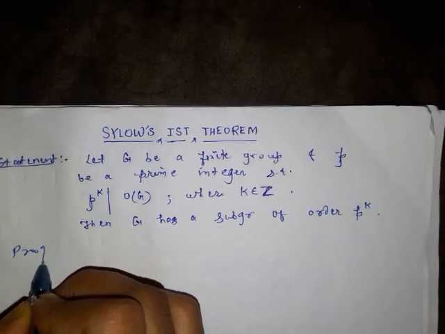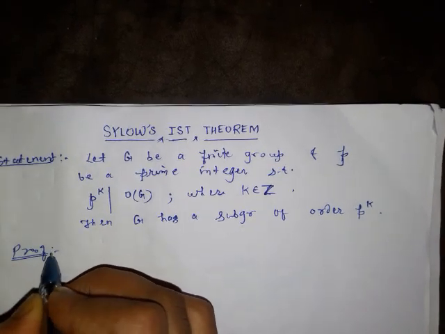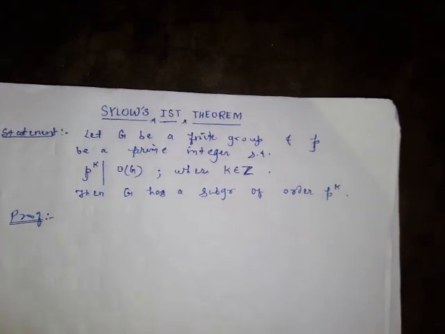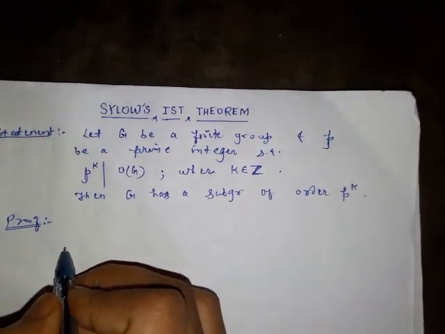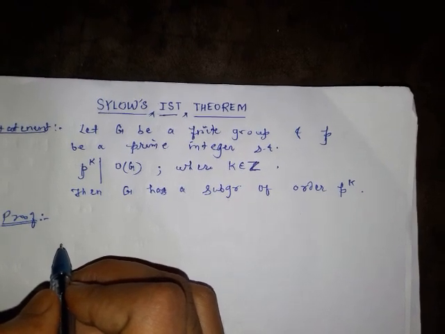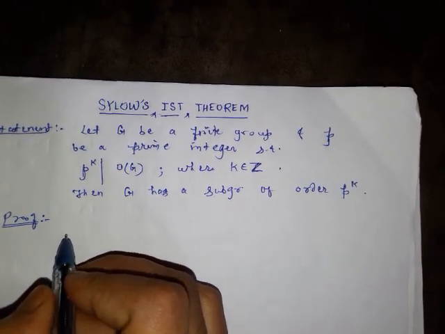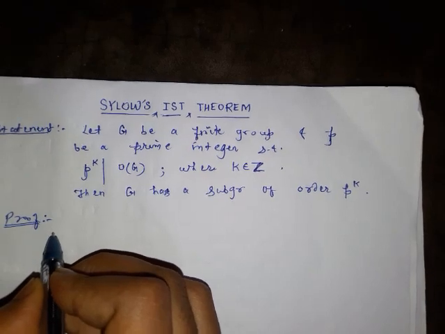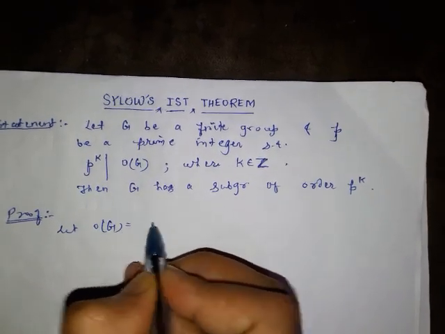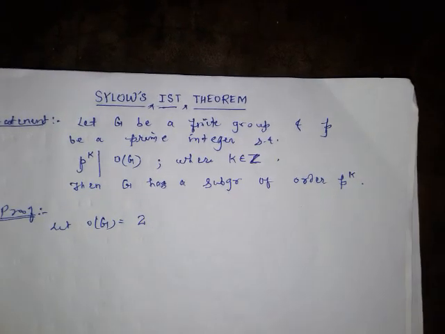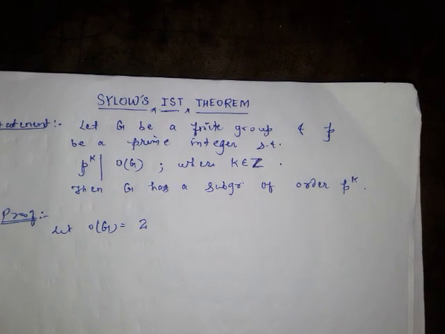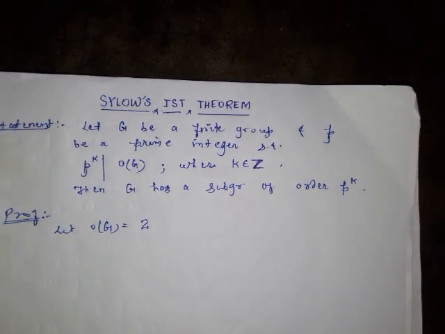Now I provide the proof of this theorem. We will prove this theorem by the induction method on the order of the group G. So first, let the order of the group G be equal to 2, because 2 is the smallest prime integer.